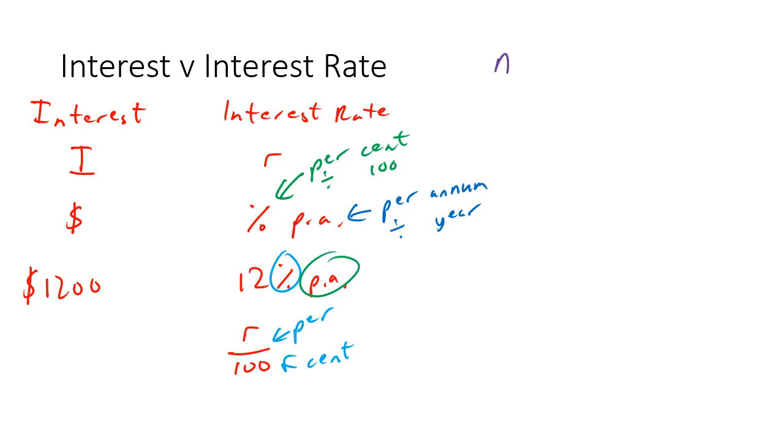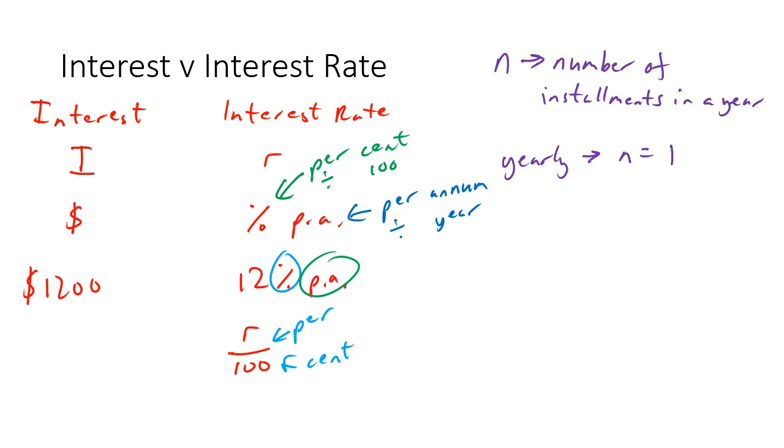Okay, so n, this little n, is the number of, well, installment, we'll call it, installments in a year. So if it's yearly, then we get n equals 1.